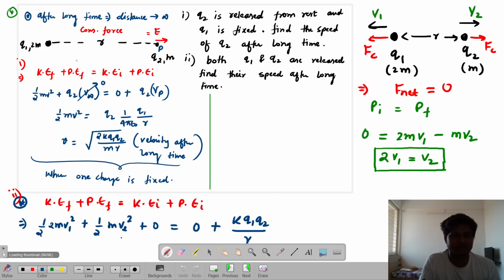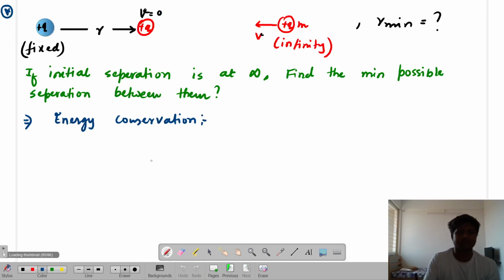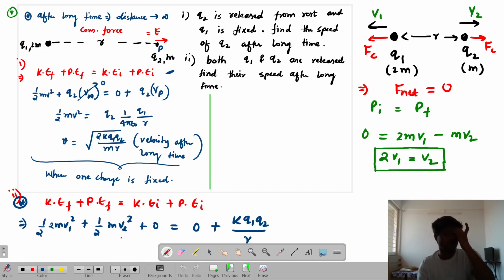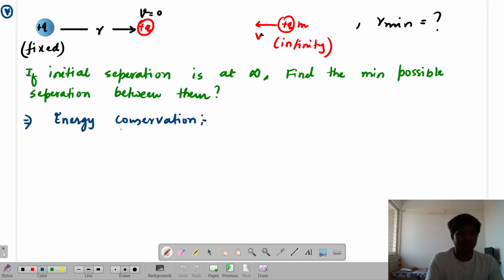If one of the charges is fixed, directly energy conservation. If none of them are fixed, first the momentum equation and then energy conservation. I apply momentum conservation because their velocities are interrelated; both of them have velocities, and there is no net external force. So here, energy conservation only.